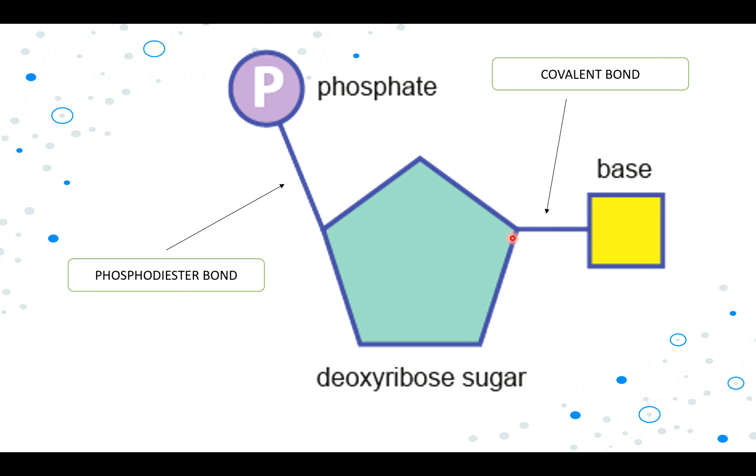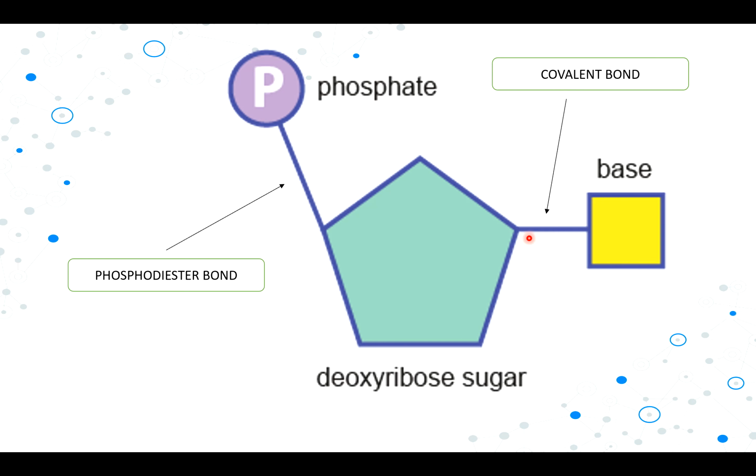This is very important. Whenever you are drawing a nucleotide, a single molecule, you must connect the base to this particular corner. We can consider this as the first carbon, then the second carbon, the third carbon, the fourth carbon, and the fifth carbon, which is connected to the phosphate, right? So you have to take care while connecting the base square to the pentagon and the pentagon to the phosphate.